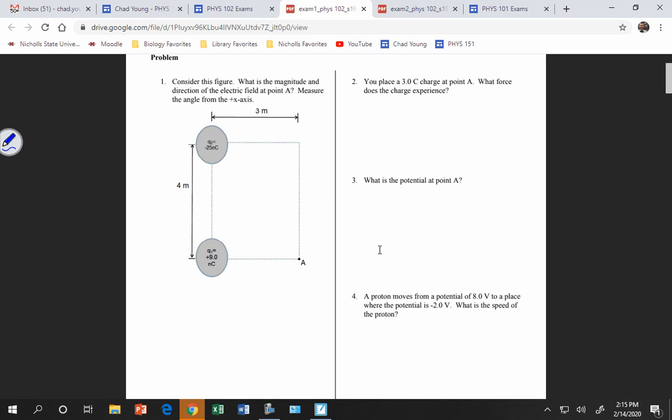I wanted you to find the potential at point A due to these charges. So right here, I want to know what the potential is. This is a lot easier than finding the field because you have to deal with vectors. All you say is the potential is the sum of the individual potentials. And so that's going to be V1 plus V2.